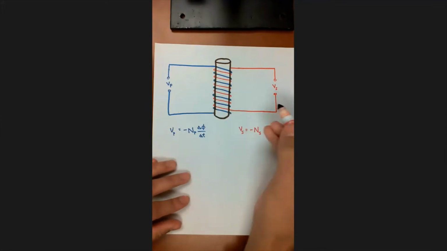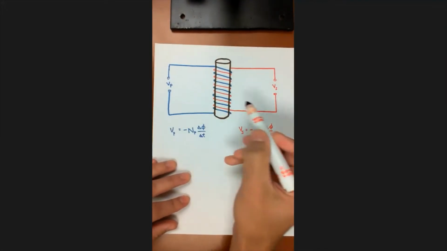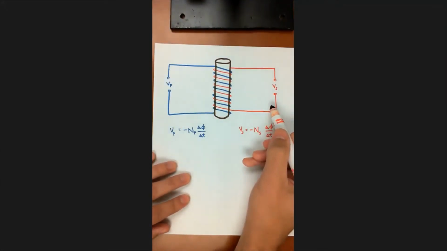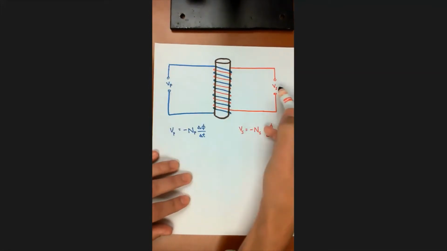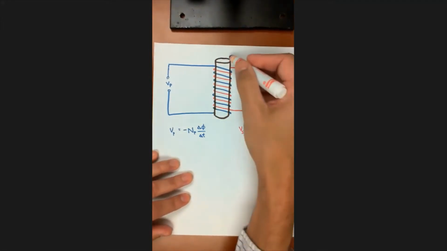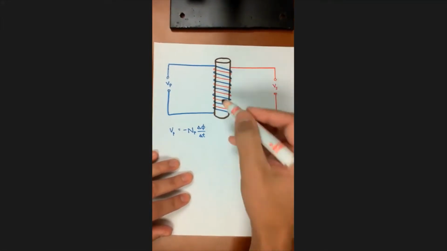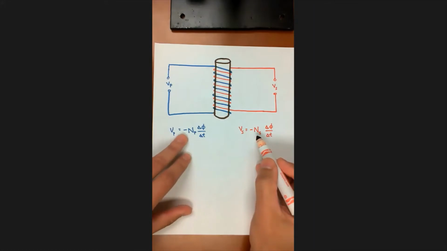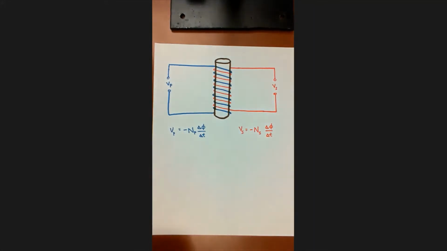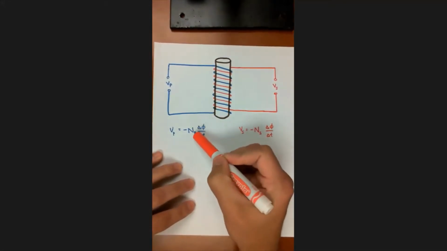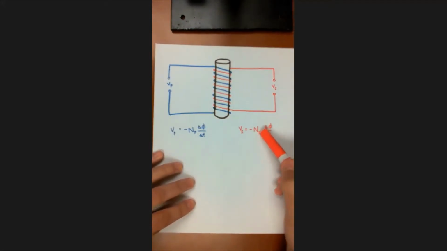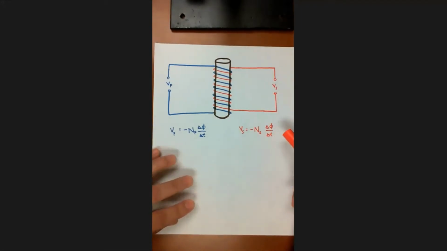All right, so in both cases, in the primary windings and the secondary windings, we have a relationship between the voltage across those windings and the rate of change of magnetic flux around this core material. And it's also related to the number of turns in the windings, right? But what can we say about this change in magnetic flux compared to this change in magnetic flux?